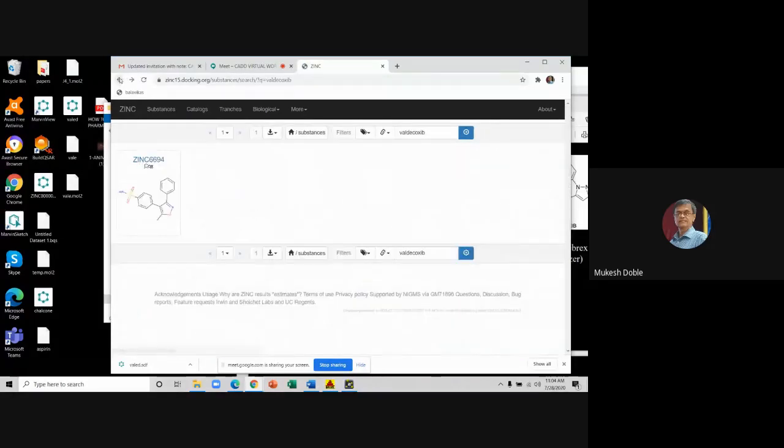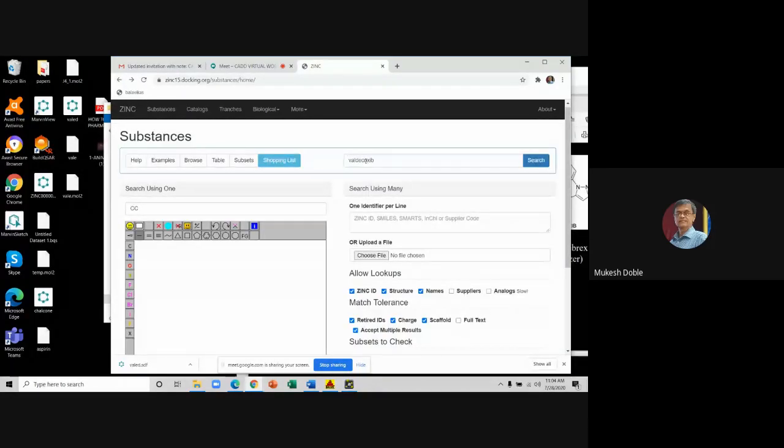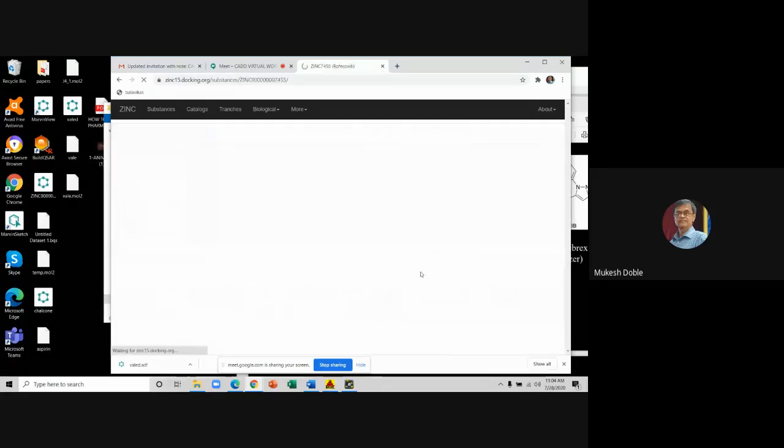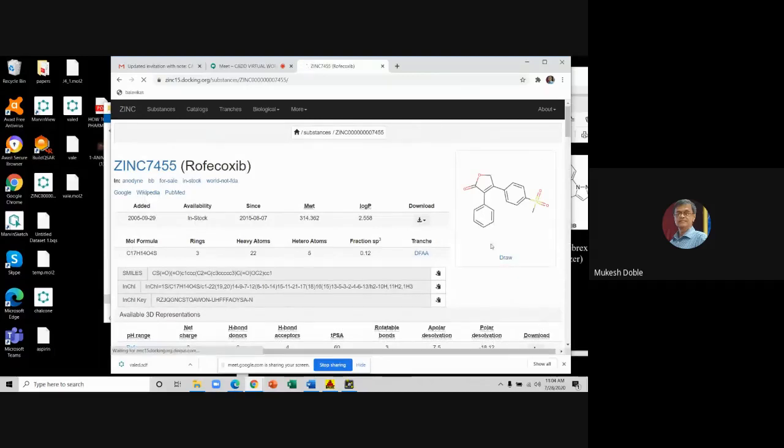This is rofecoxib. Again, I can download the SDF format.